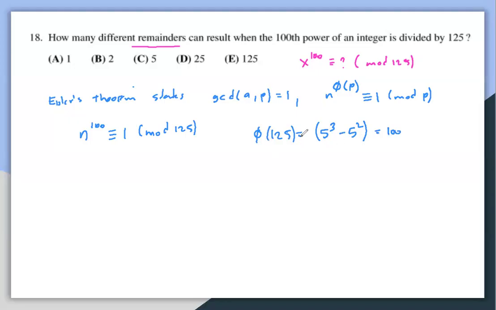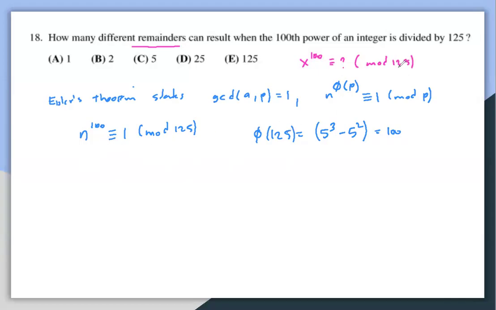The meaning of this is that there are 100 numbers that are relatively prime to 125. This is the short way of finding the number of numbers relatively prime to any given number. So if I take any of these numbers to the 100th power, that will be congruent to 1.